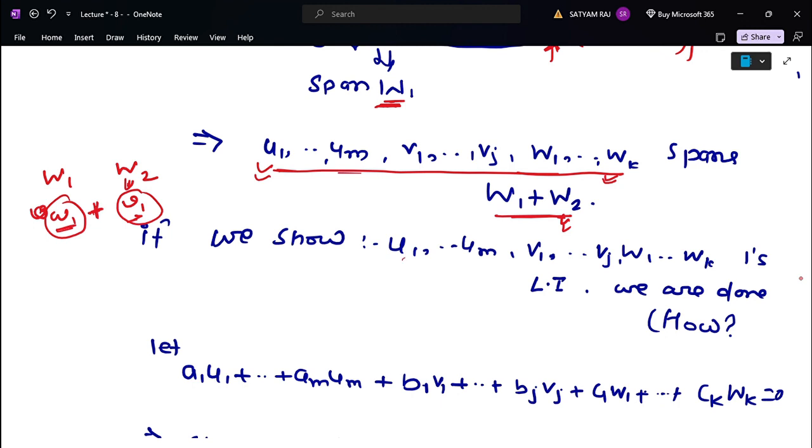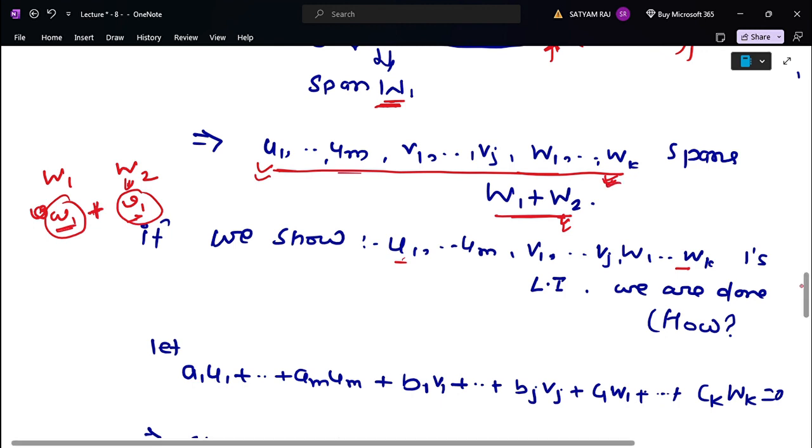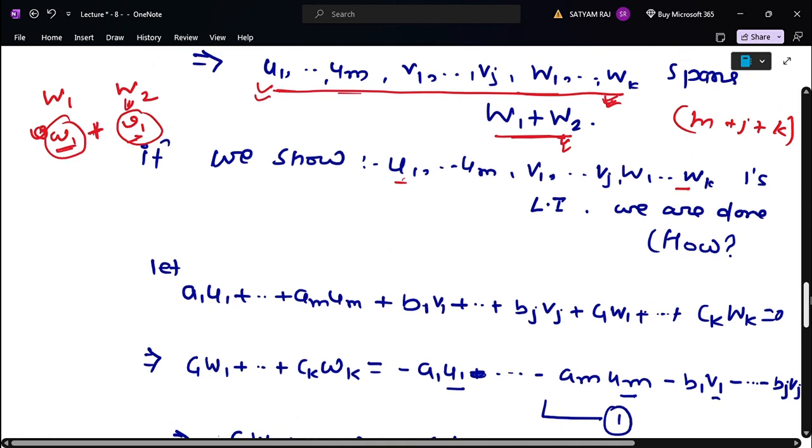Now we are trying to show this is Li, then this will be the basis, and the cardinality of the basis will be the dimension. And the cardinality of this basis will be m plus j plus k, what we are trying to prove.